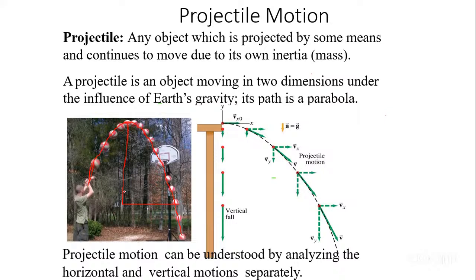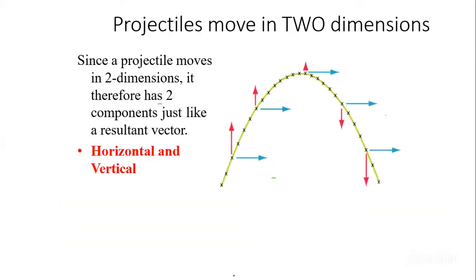So the way to solve problems related to this is by applying 2-dimensional equations, where the vertical and horizontal components must always be present. Projectile motion can be understood by analyzing the horizontal and vertical motions separately.